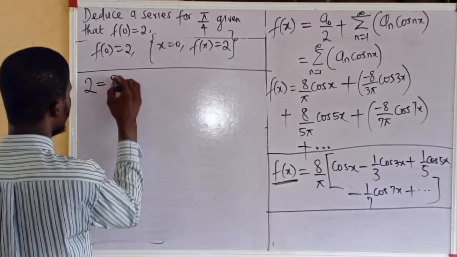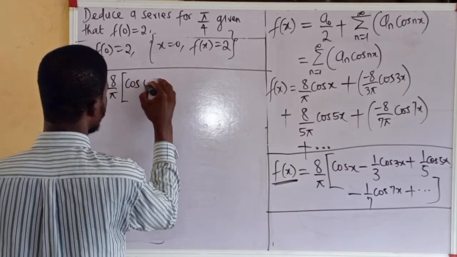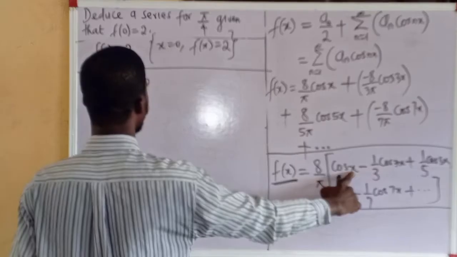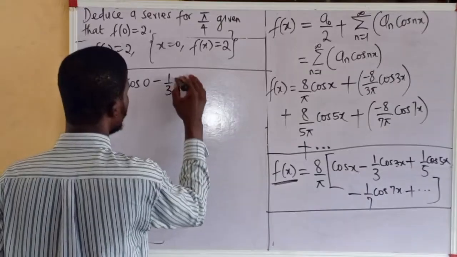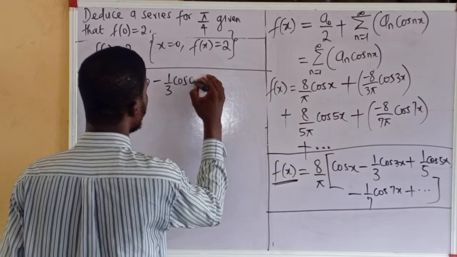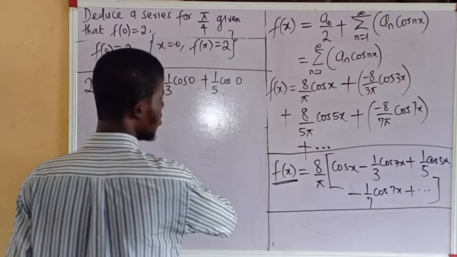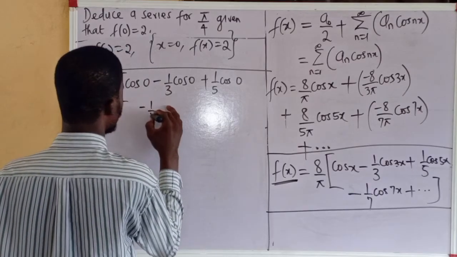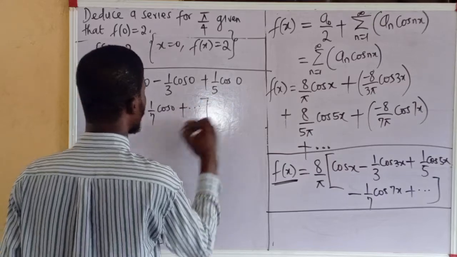2 is equal to 8 over pi cos 0. Let's put 0 here because x is 0. Minus 1 over 3, in fact we'll be having cos 0 all through, plus 1 over 5 cos 0, and minus 1 over 7 cos 0, and so on and so forth.